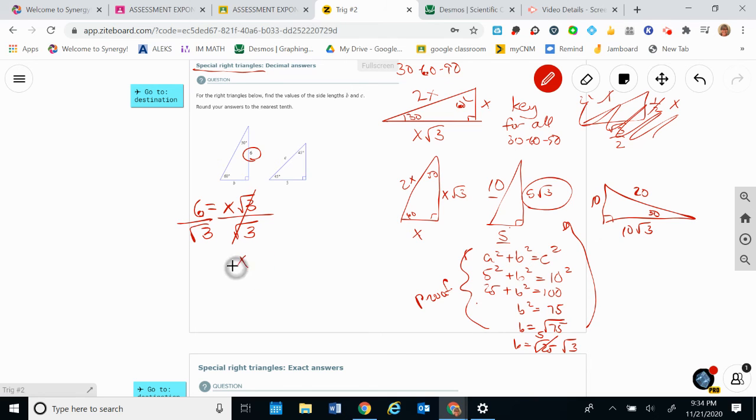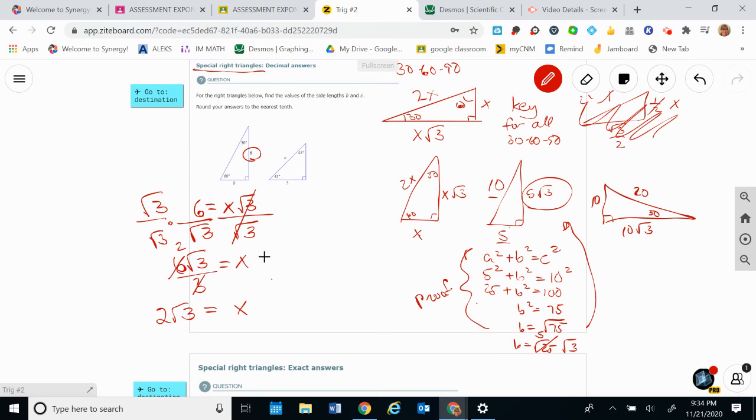And then alarm bells are sounding because you can't have a radical in the denominator, so you must multiply by root 3 over root 3. So you get 6 root 3 over root 3 times root 3 is 3, right? Root 9 is 3. And then you can simplify, and you get 2 root 3. And now we know that x is equal to 2 root 3.